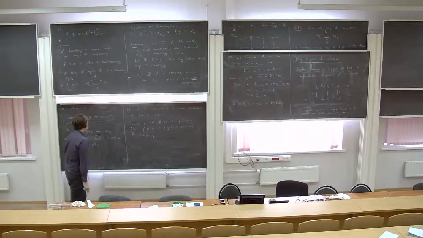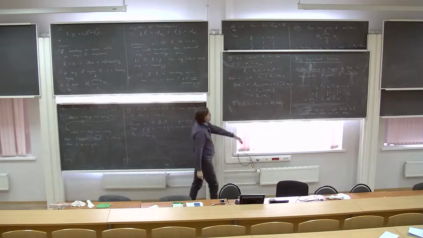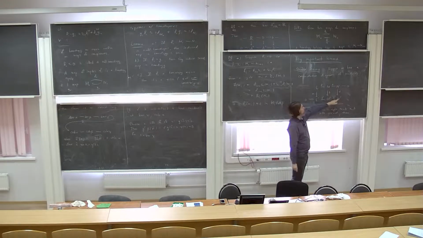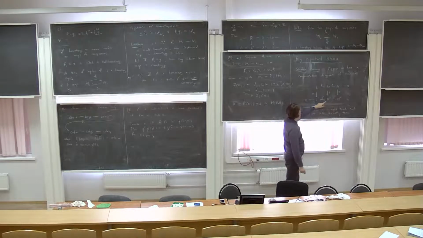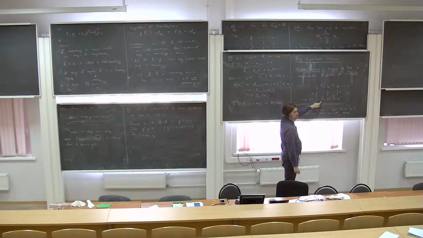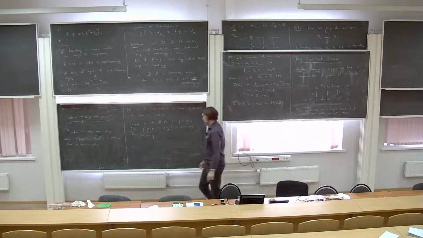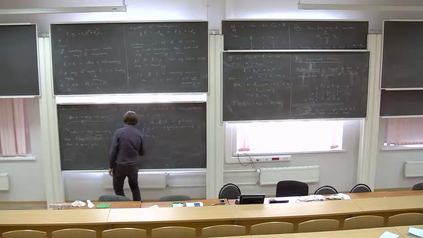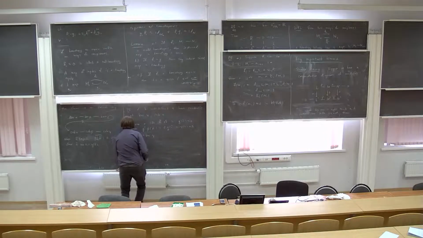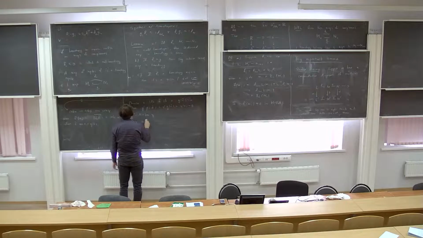Okay. And then, because I assumed that this bottom row is exact, the kernel of g prime is the image of f prime, and f prime is injective since the bottom row is left exact.